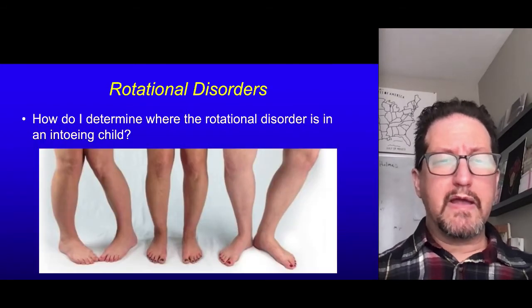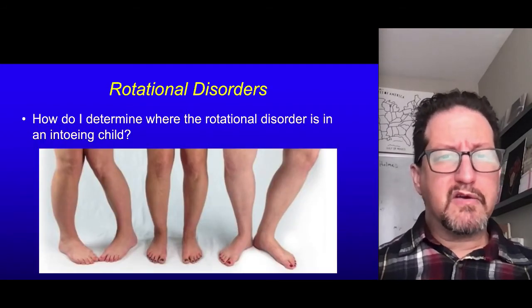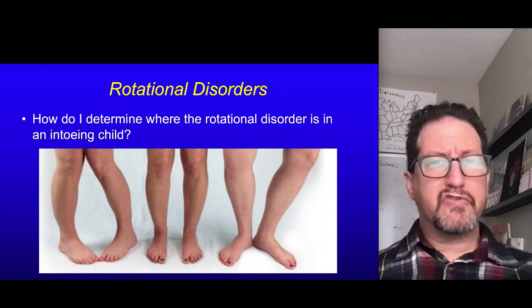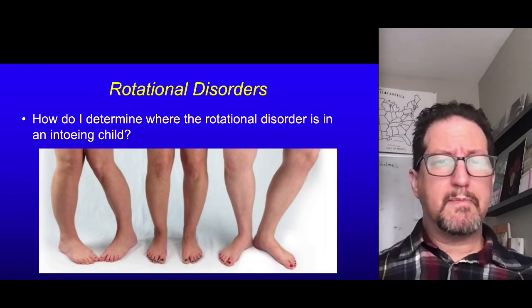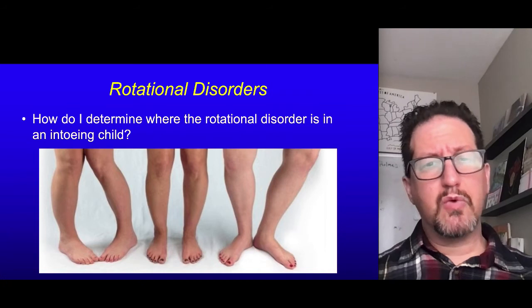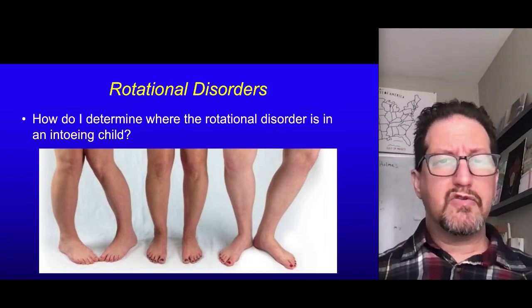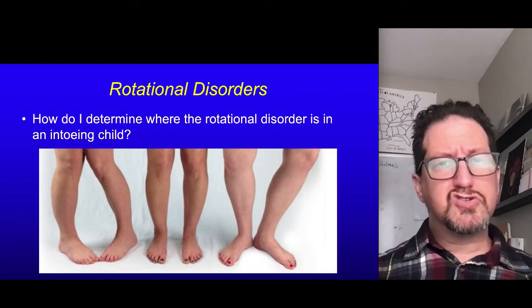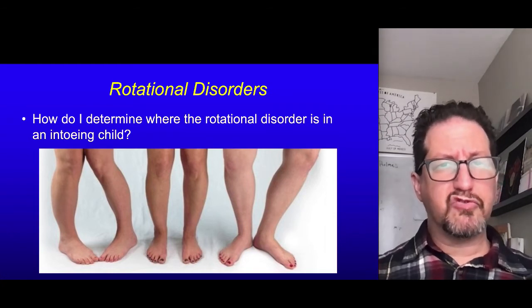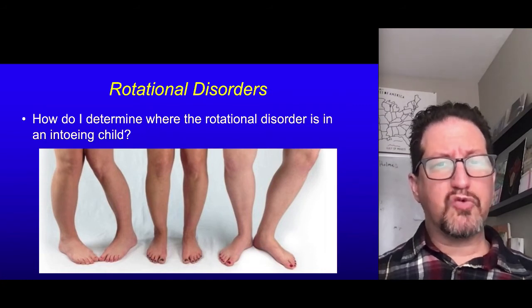Okay, now I heard something about there being a few questions about rotational disorders, about trying to interpret compensation, and there are really two concerns with rotational disorders. The first is at what level is this disorder really coming from?